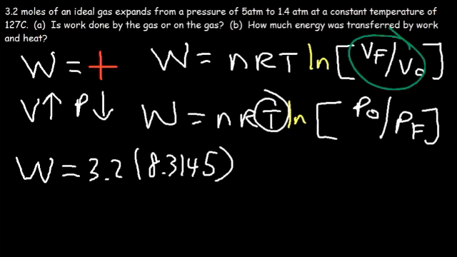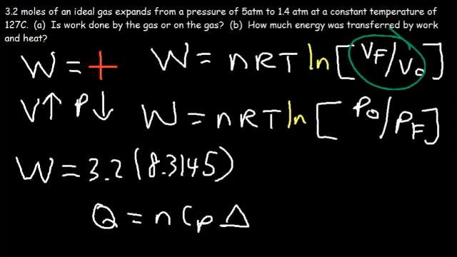Now, the temperature has to be in Kelvin. If you have any equation where you just see T, like in PV equals nRT, or this equation, it has to be in Kelvin. But for equations where you would see the term delta T, it can be in Kelvin or Celsius. Just keep that in mind.